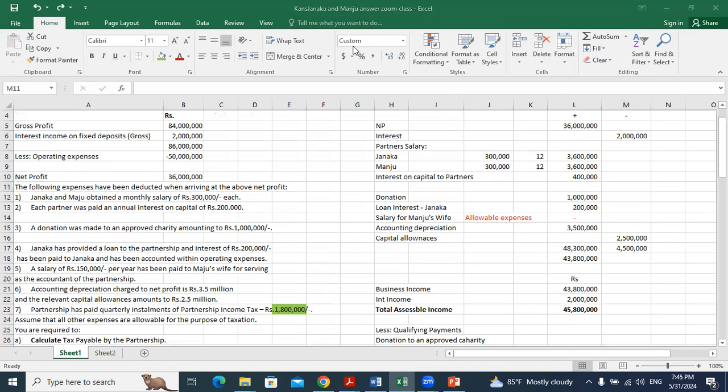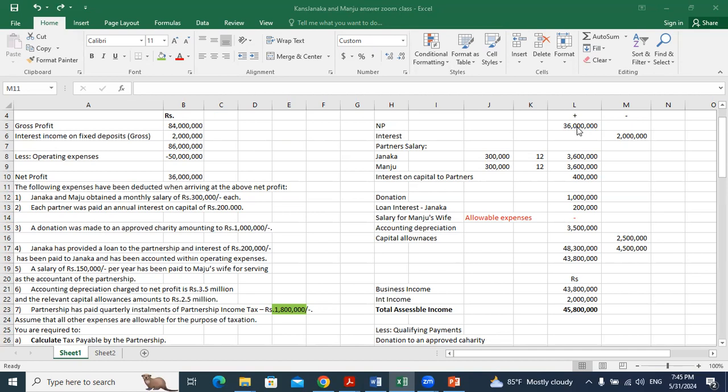Another question was raised, that the partner salary has been calculated twice. Here it says the following expenses have been deducted when arriving at profit: Janak and Manju obtain a monthly salary of 300,000. See, when this profit is worked out, this salary has been deducted as an expenditure.